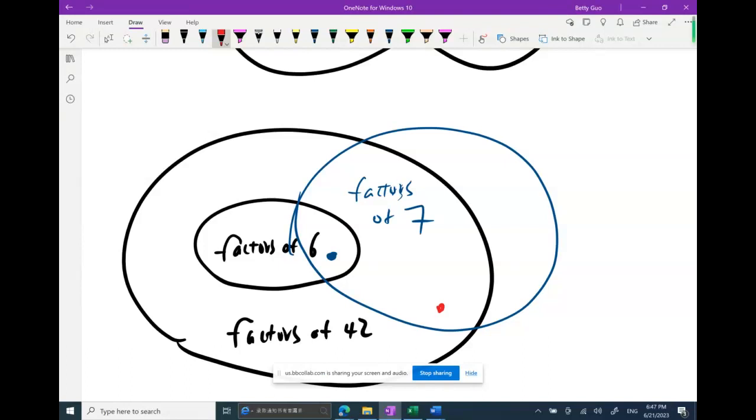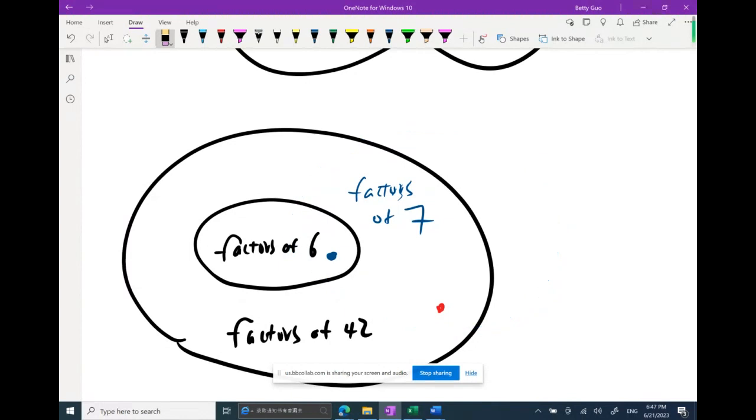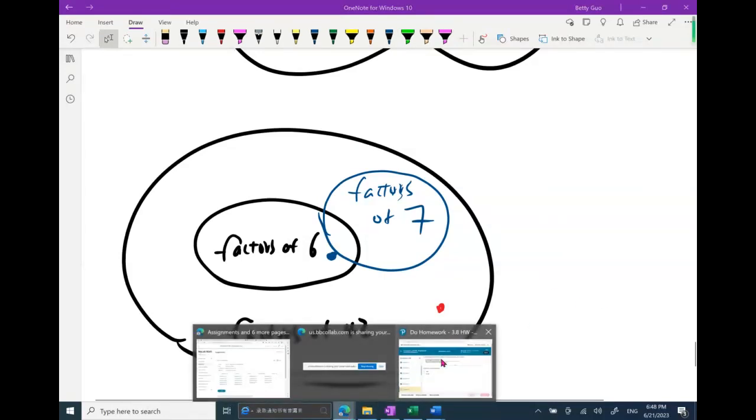What if this blue circle is smaller? Then they do not overlap, like all factors of 7 are factors of 42. I would say this is invalid.